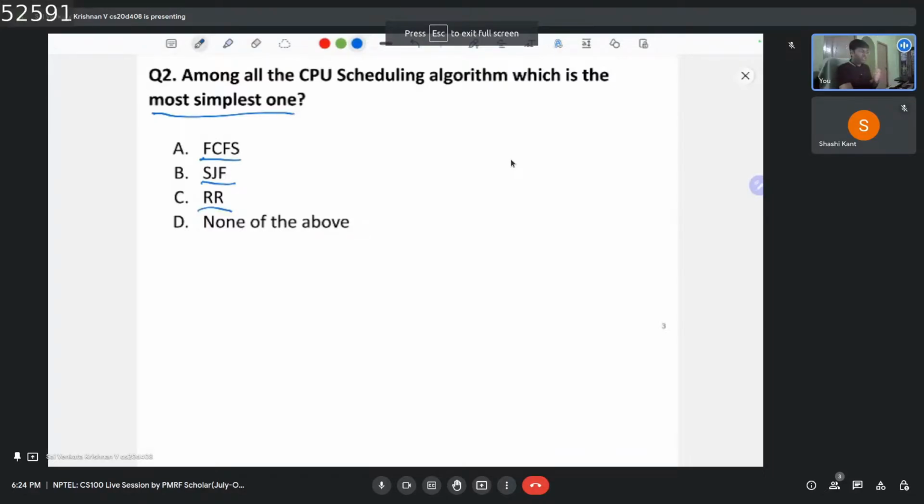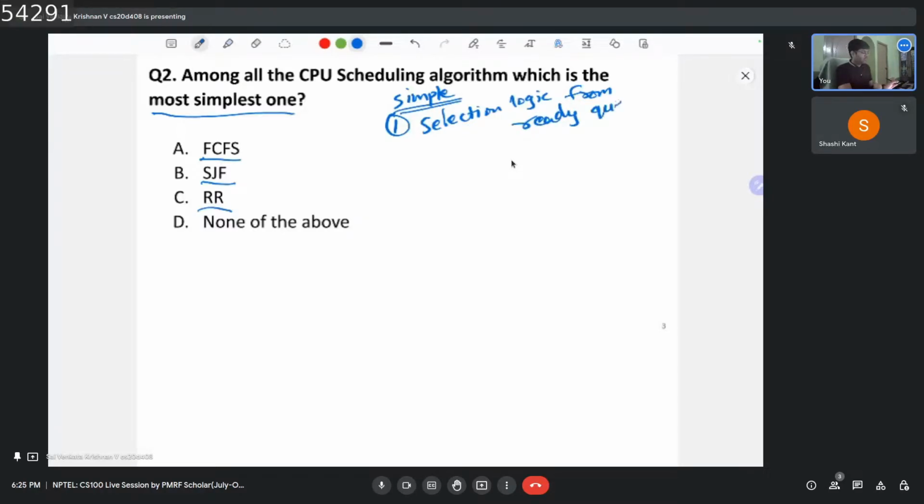First of all, let's understand the question. What makes a CPU scheduling algorithm simple? What are the various aspects? What's the notion of simple over here? One, the selection logic from the ready queue should be simple.